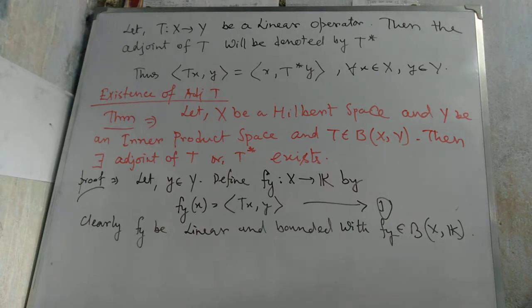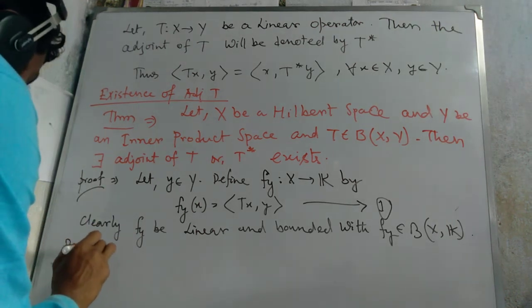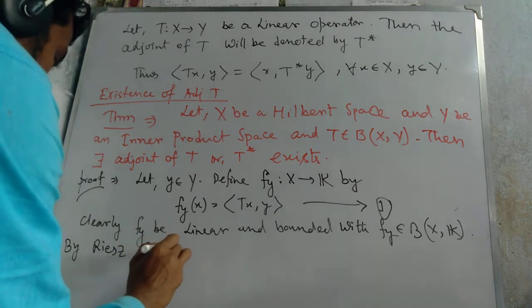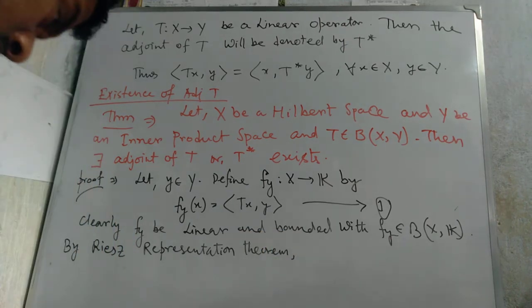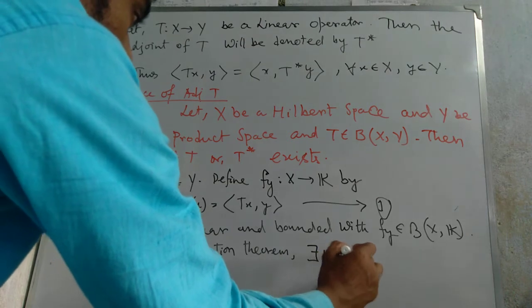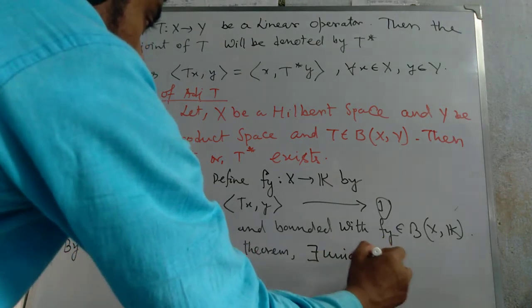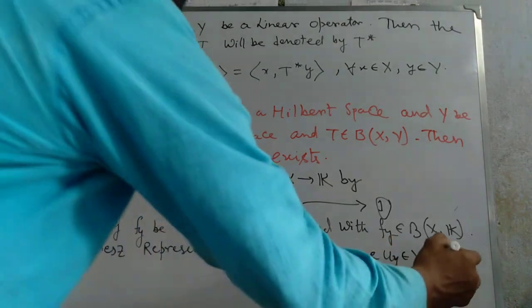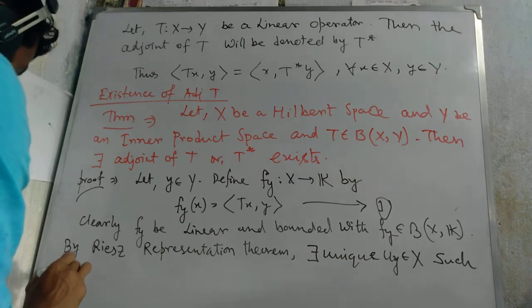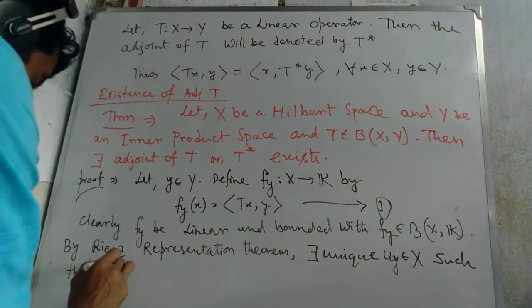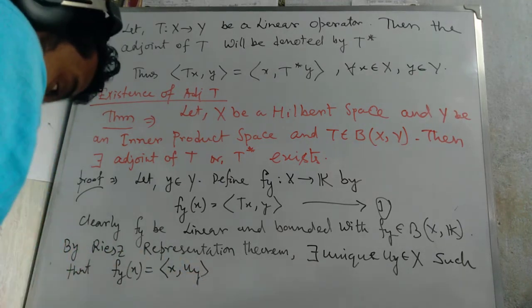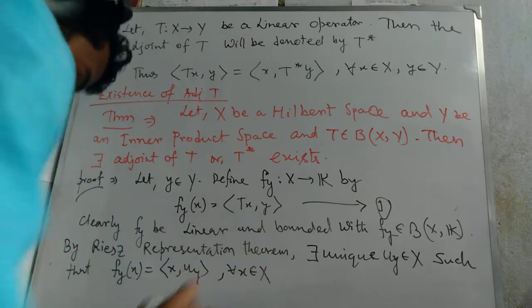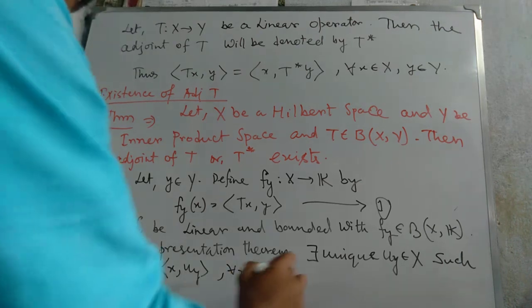Then by the representation theorem, there exists a unique u_y belongs to X such that f_y(x) equals <x, u_y> for all x belongs to X, marked as 2.